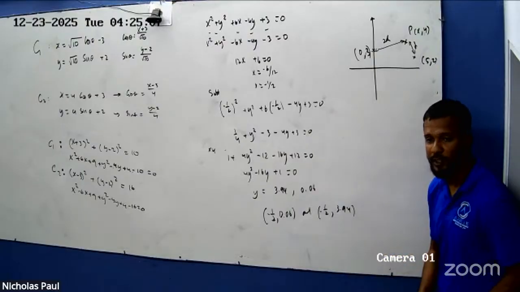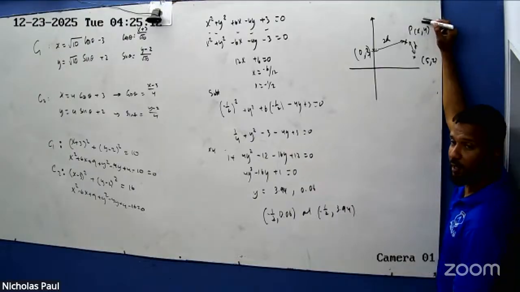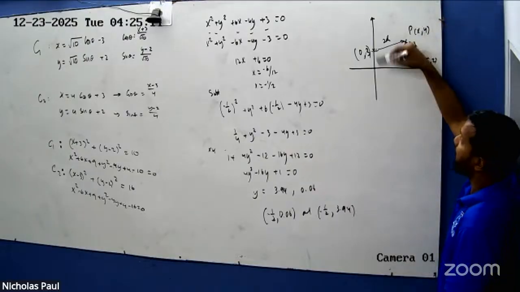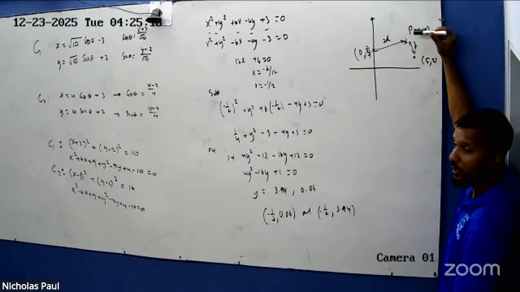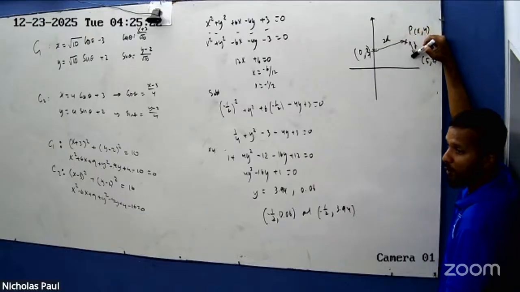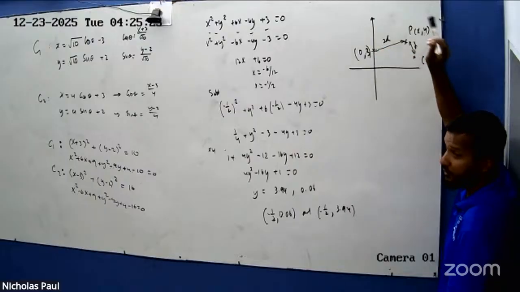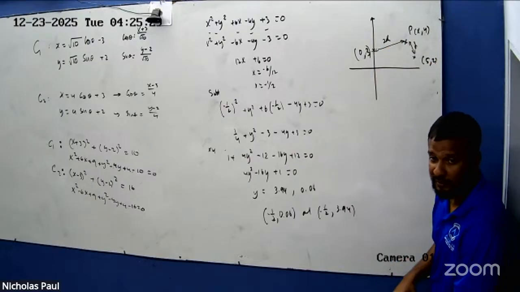Right, so watch here. If I give you a point like this, and I tell you to find the equation that this will trace out, it always has to be 2D away from here and 1D away from here, regardless of how it moves. However it moves, we need to find the equation of that.